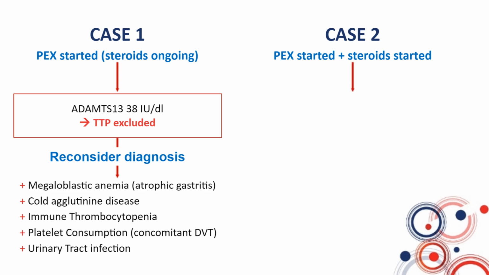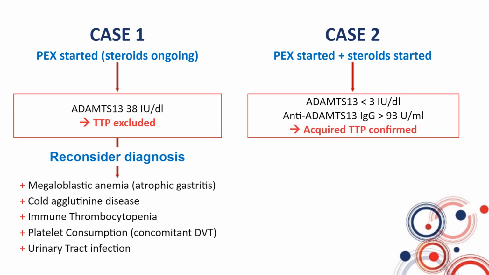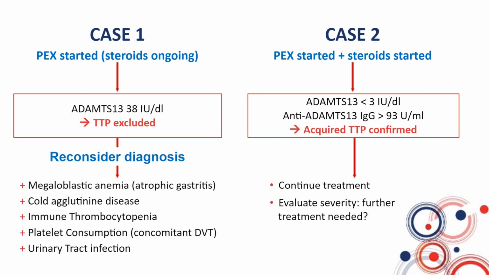And in the second case, with the low level of ADAMTS13, we continued the treatment that we had started, and we added caplacizumab. The reason we added it later is that we did not have it at the beginning, but in this case you can start caplacizumab immediately, evaluate the severity and the further treatment.